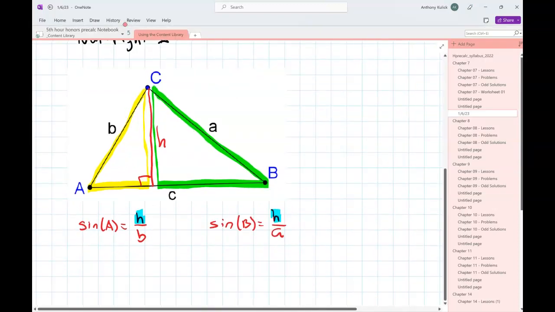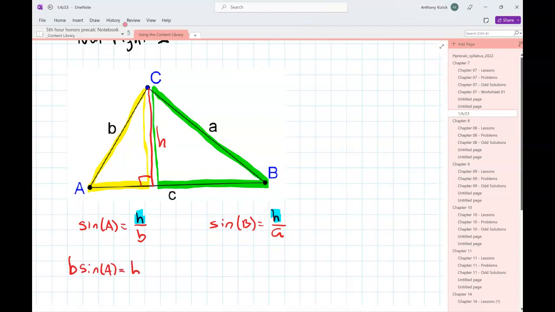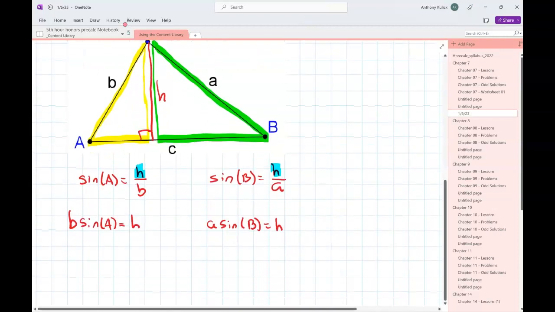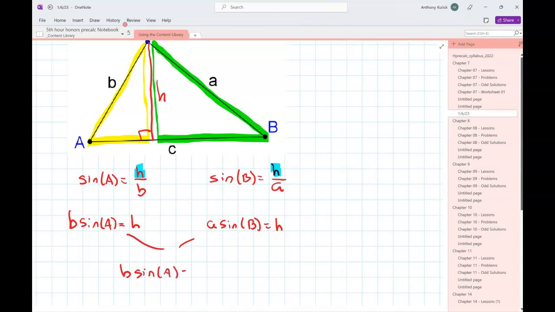So I'll multiply both sides by B in my first equation, and multiply both sides by A in the second equation. And because both of these two now are equal to H, I can set them equal to each other.